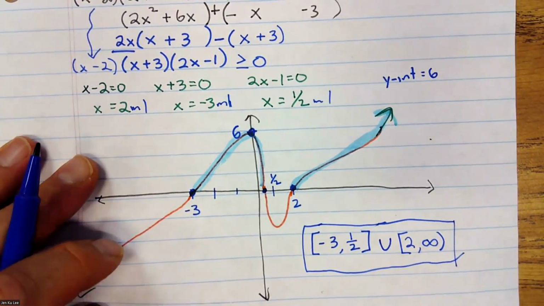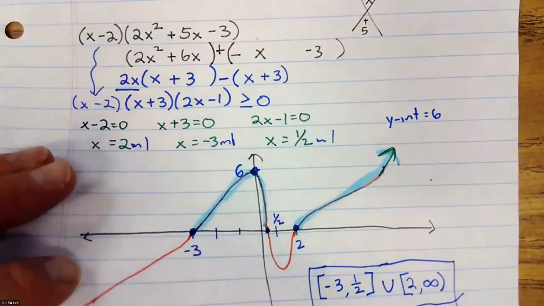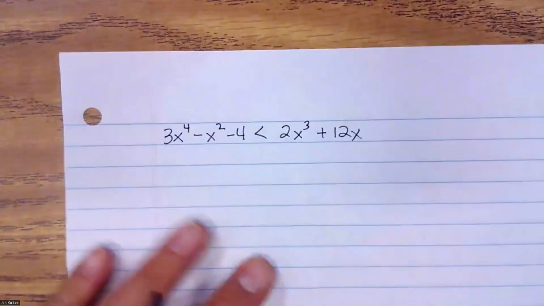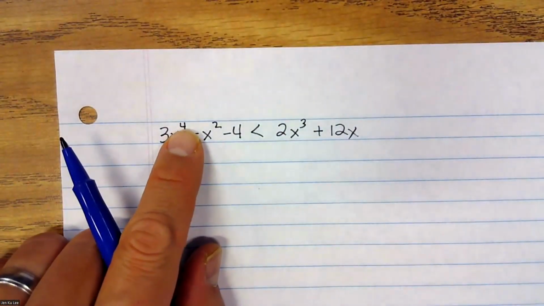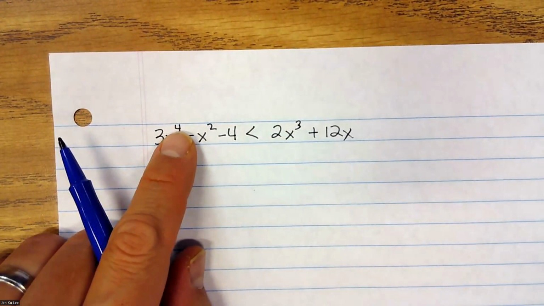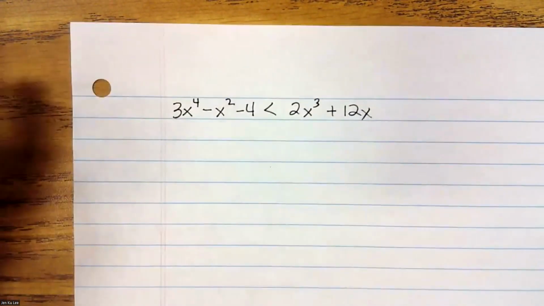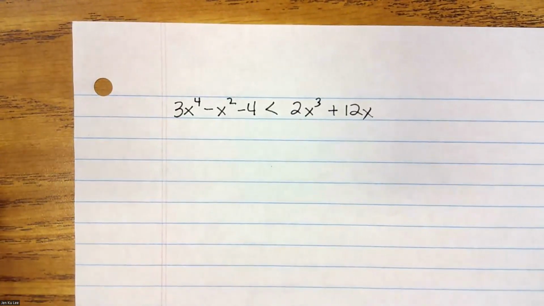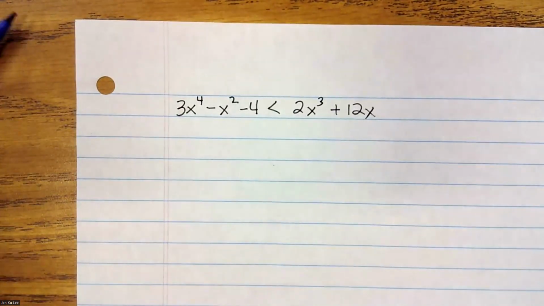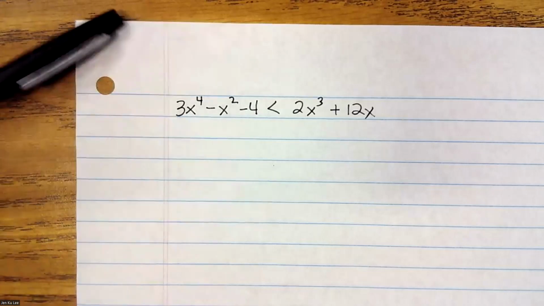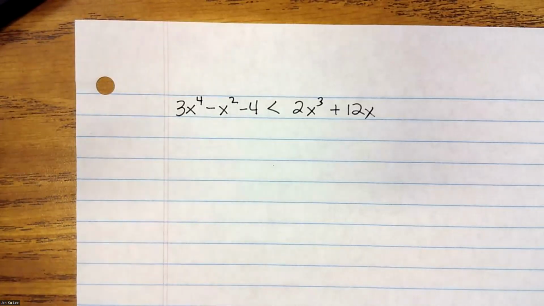Cool. I have another one here. Another example of a polynomial equation, which is a little bit more difficult because it's x to the fourth. Know that x to the fourth, we're gonna end up testing it twice, right? So we're gonna make one side equal to 0 again.